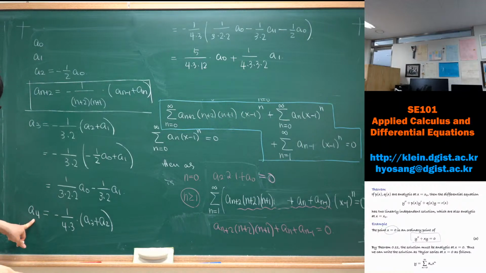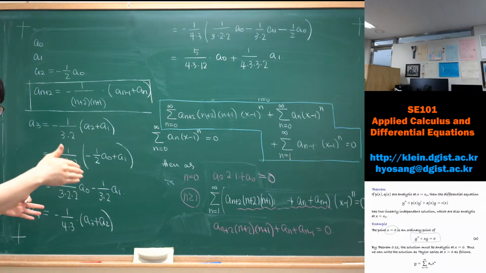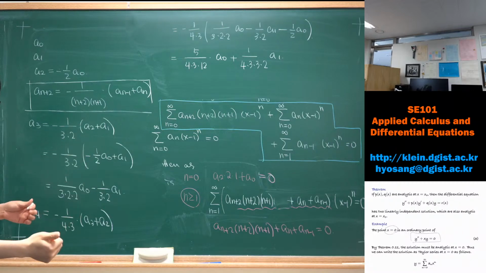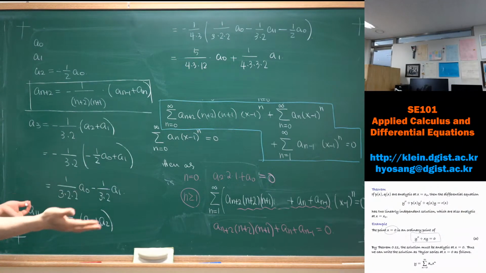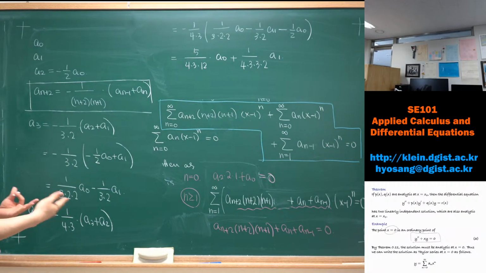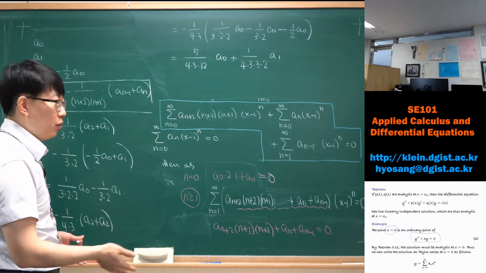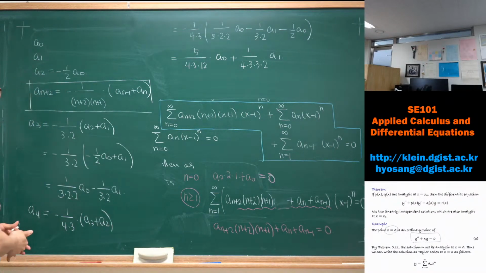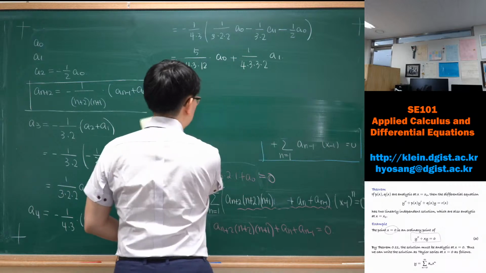So I computed until A4, which means that I can expand my series solution until the degree 4 polynomial. And degree 4 polynomial usually is good for approximation. Well, in real situations maybe it's not enough, but suppose that we are okay with the degree 4 polynomial, Taylor polynomial of a power series. So then let's try to write that.